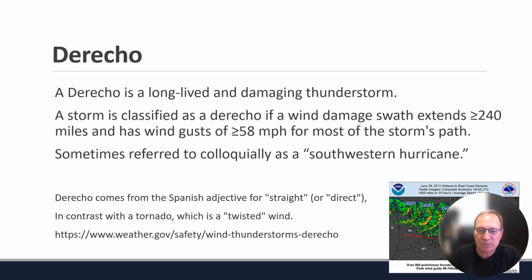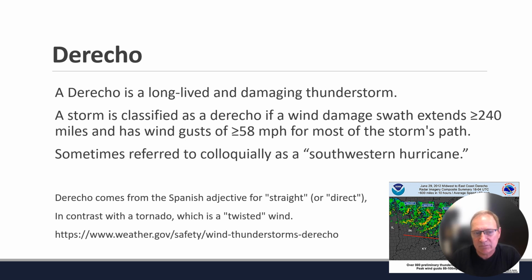The biggest difference between a derecho and anything else we've talked about is that a derecho is a long line of damaging thunderstorms that produces dramatic forward speed of wind with a large swath of damage. If the span of the area is greater than 240 miles and the wind gusts are greater than 58 miles per hour in the storm's path, this is commonly referred to as a derecho.